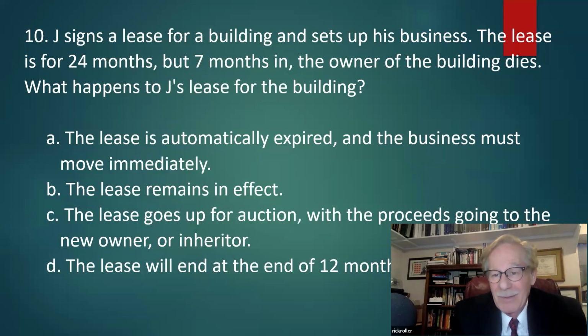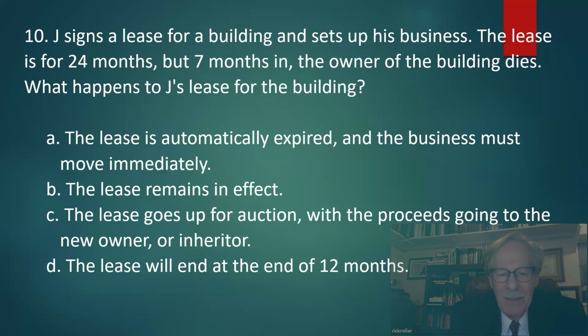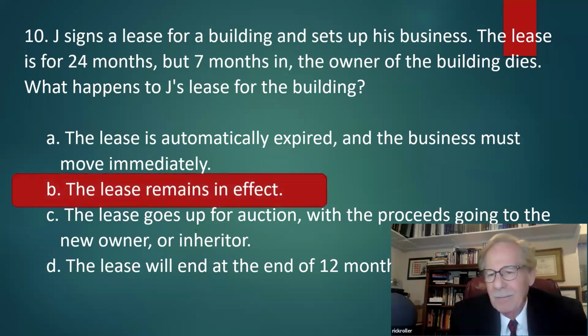Tenant has rights. Just because the landlord died doesn't necessarily cancel those rights. And D, a lease will end at the end of 12 more months. Guys, what do you think? If you like B, boy, I like that one, right? So if that's where you're heading, your instincts are right on the money.